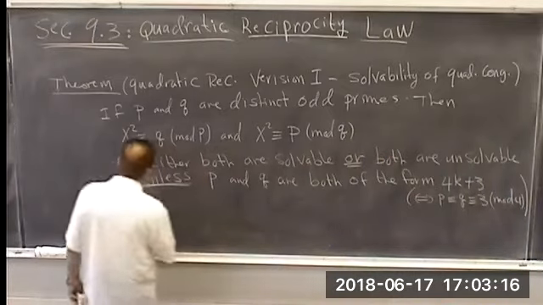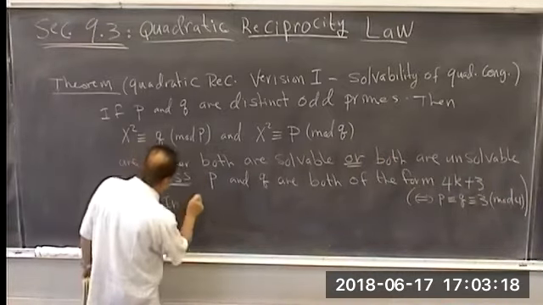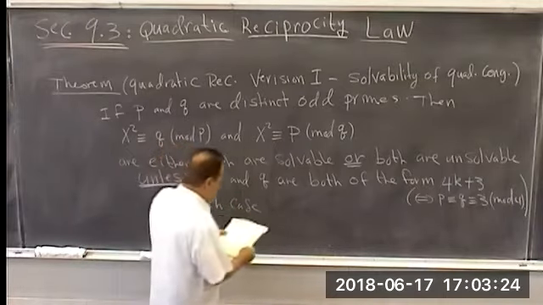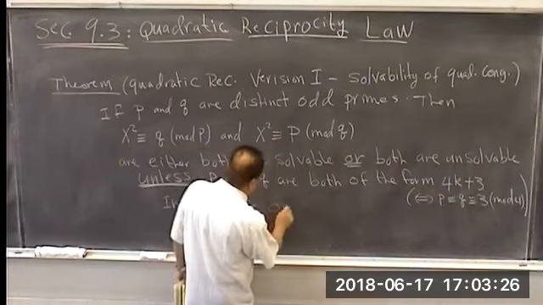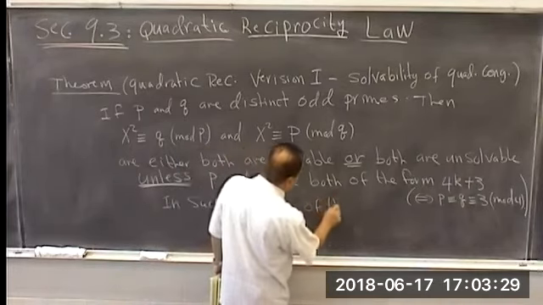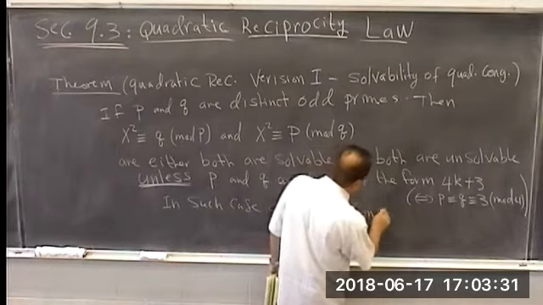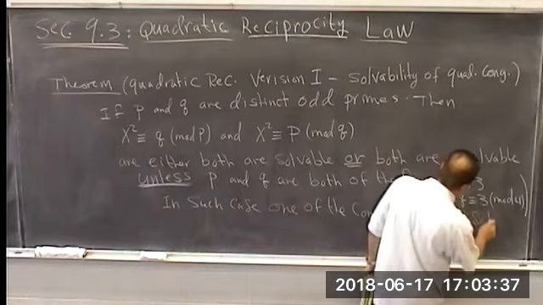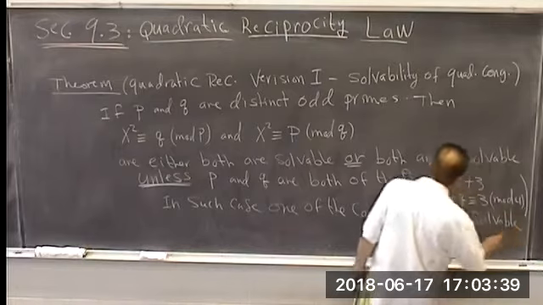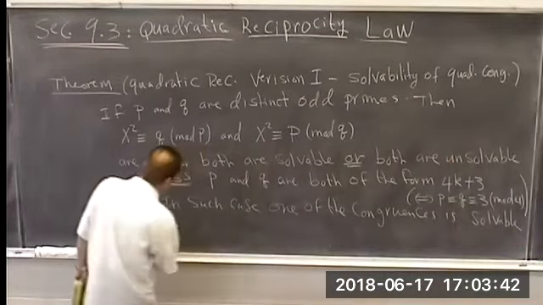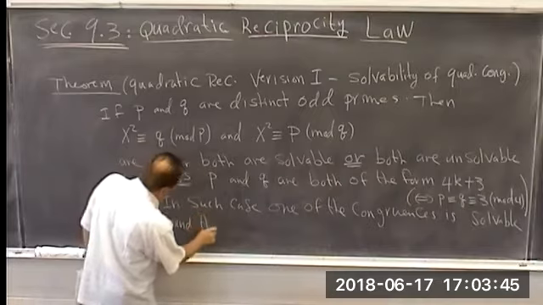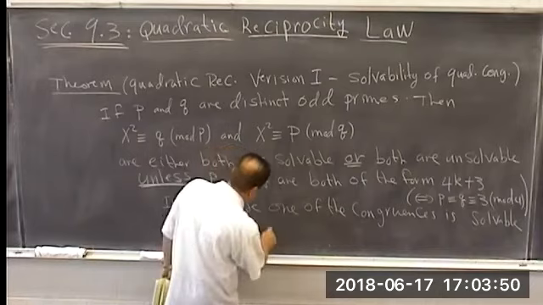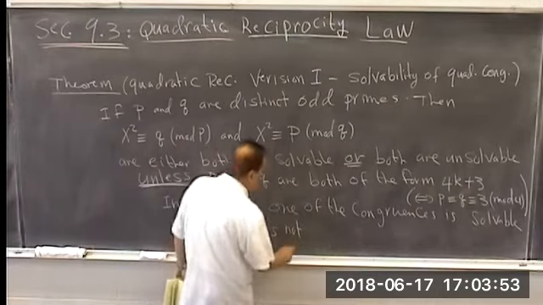In such a case, one of the congruences is solvable, and the other is not solvable.